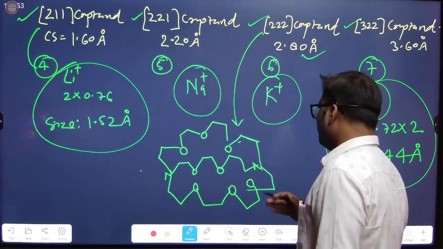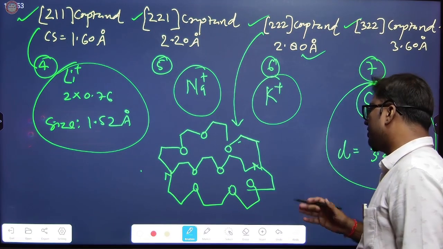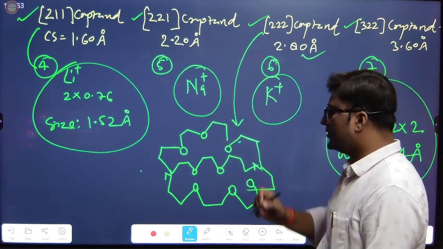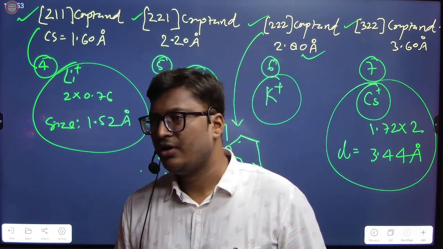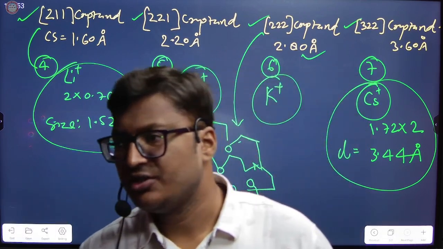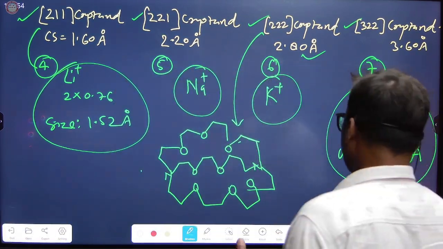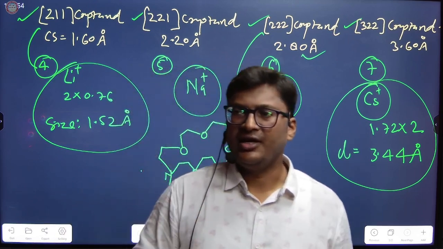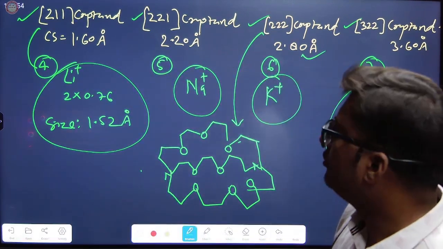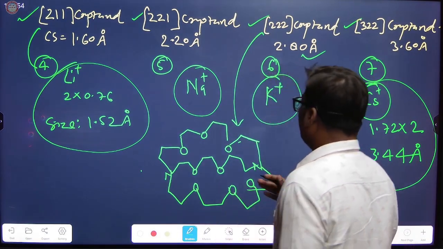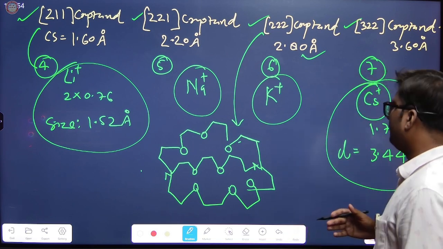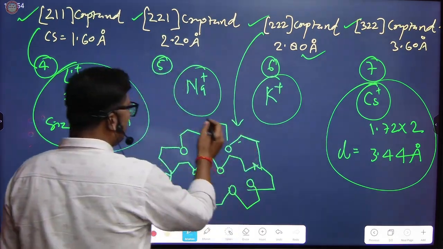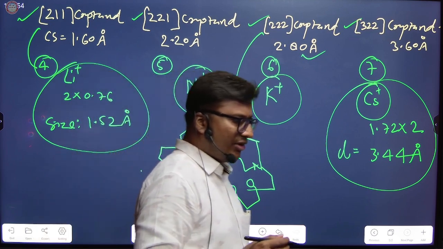So in this way the functionalization can change the cavity size of this cryptand, and once the cavity size is changed, it has a large affinity to bind different metal cations in the solutions. So it can form different structures with binding of different metals from the solution.